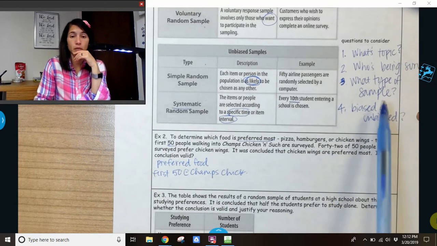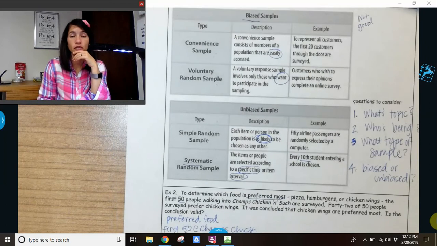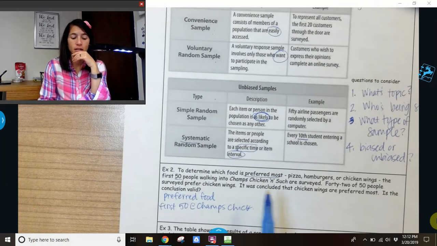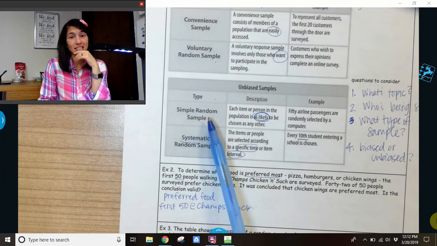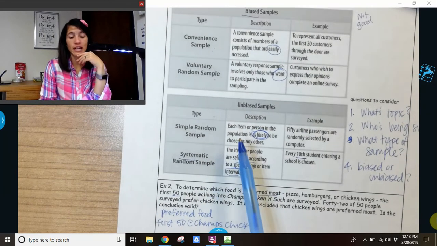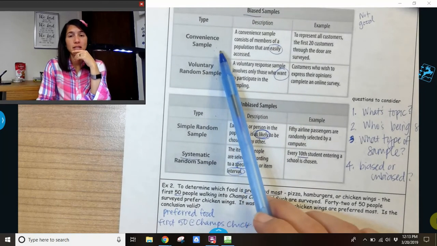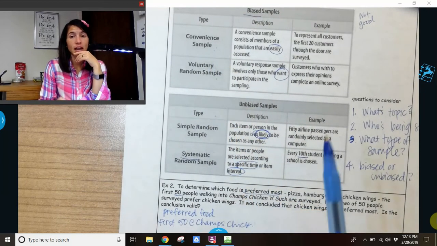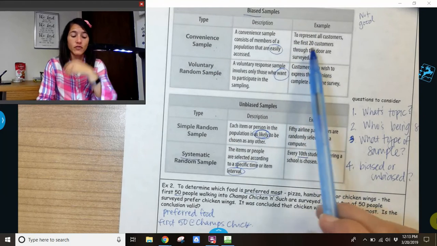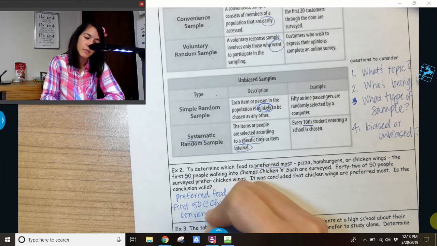What type of sample is it? Now, it's the first 50 at Champ's Chicken. It's definitely not random or systematic because it's just the first people. So it sounds like it's a convenience sample because they're already at Champ's Chicken and they're just taking the first 50.